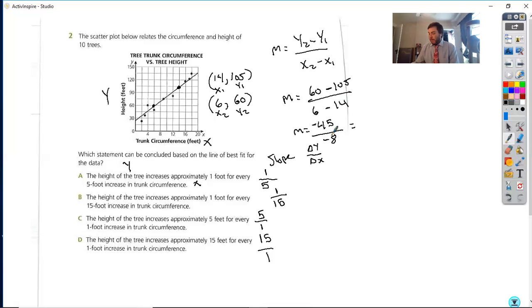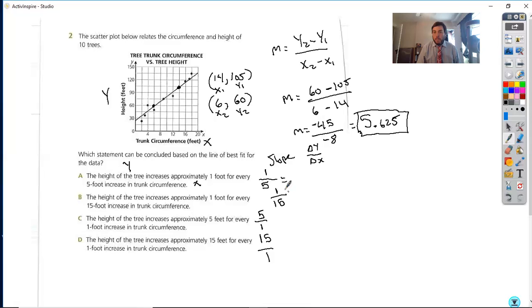When we have a negative divided by a negative, it's going to be positive, and we get that it is equal to positive 5.625. So if I'm looking for which one is most similar, we can check these. 1/5, if we simplify that into a decimal, is a decimal less than 1.